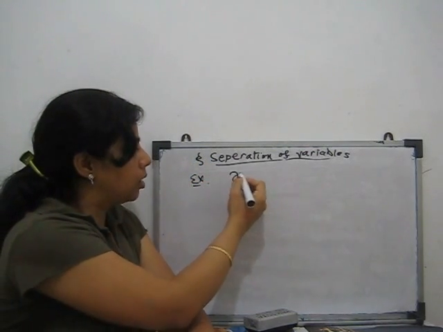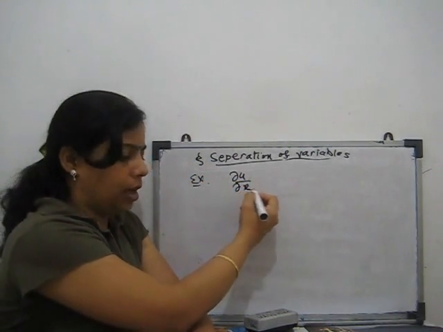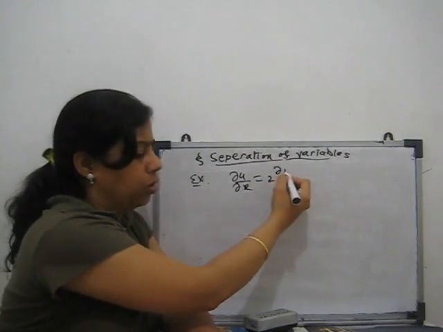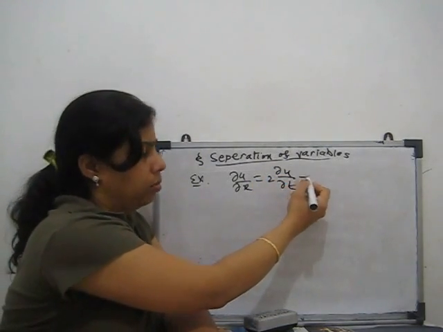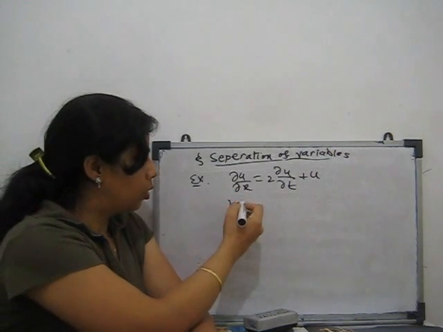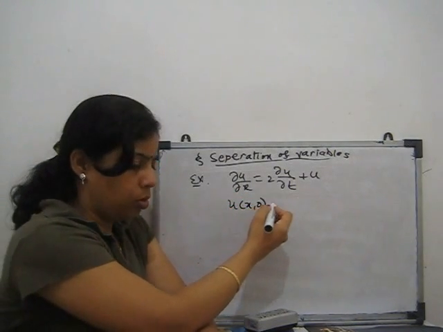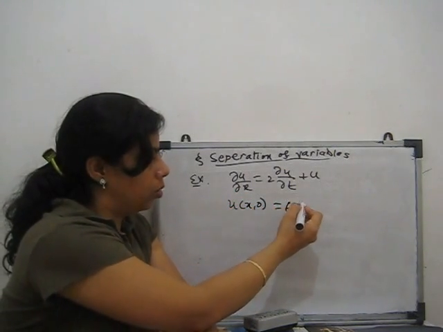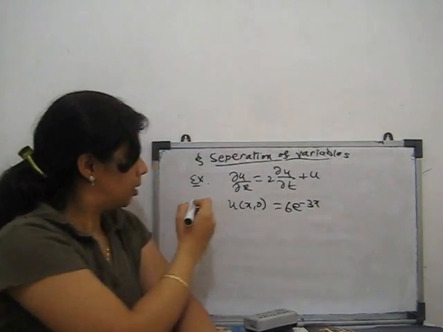Now the question is ∂²u/∂x² = 2 ∂u/∂t + u, subject to the condition u(x, 0) = 6e^(−3x).